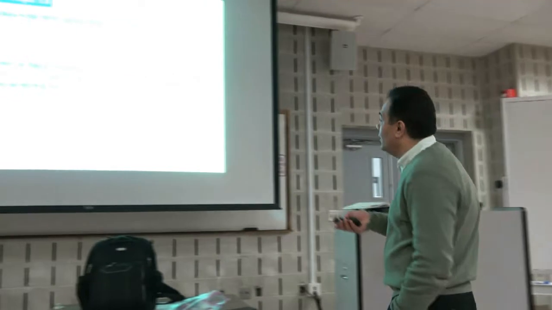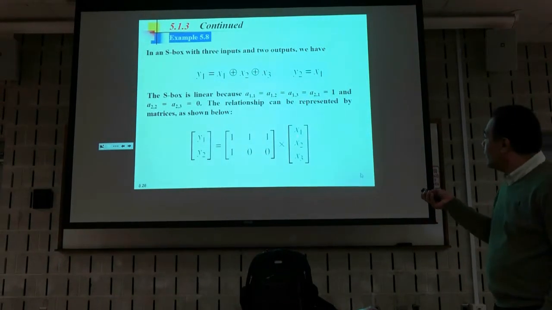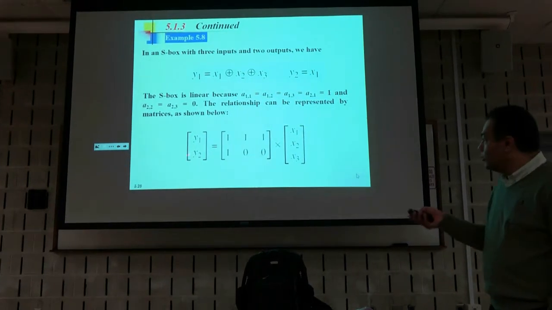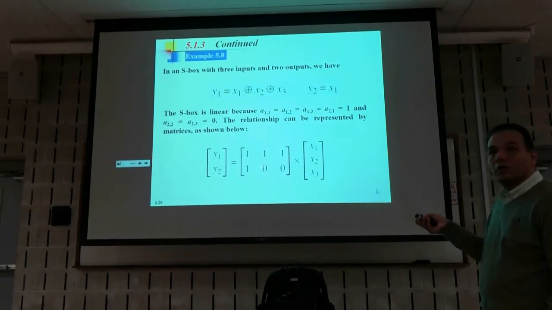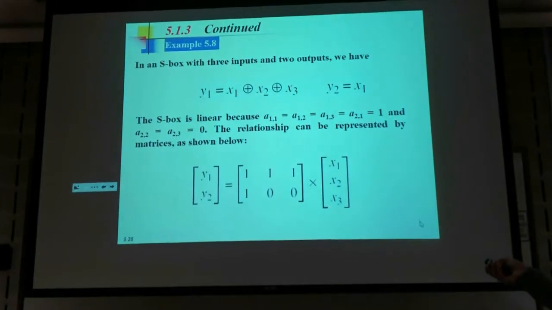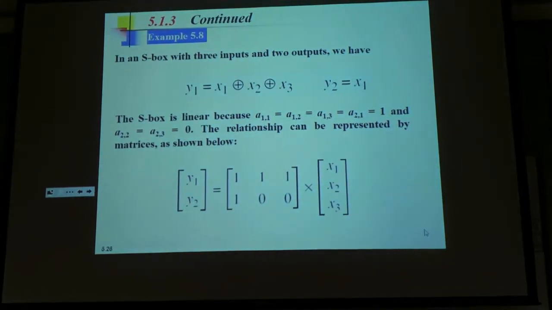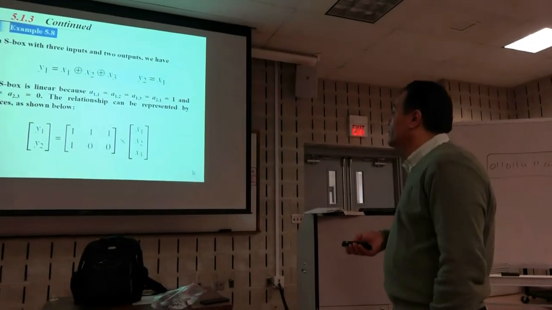If I need to calculate the inverse, I need to calculate X1, X2, X3. What should I do? Multiply Y1, Y2 by the inverse of this matrix, and that will give you X1, X2, X3. You agree? The inverse. Okay. Simple matrices, right?